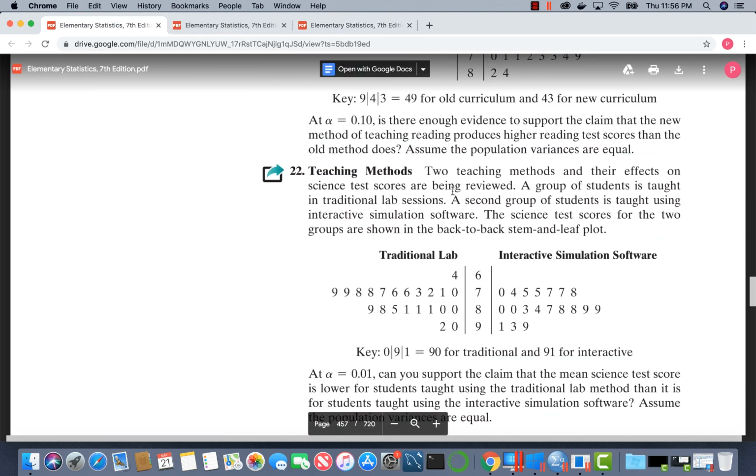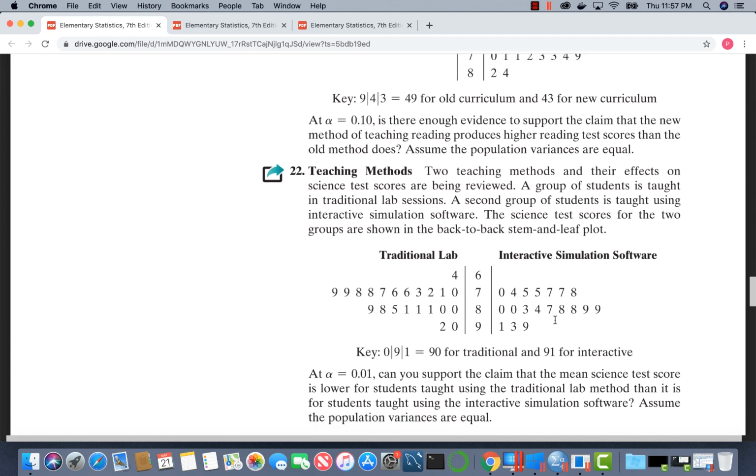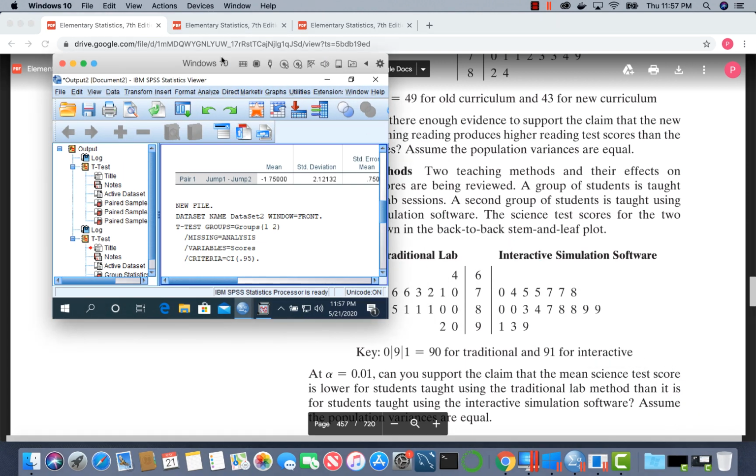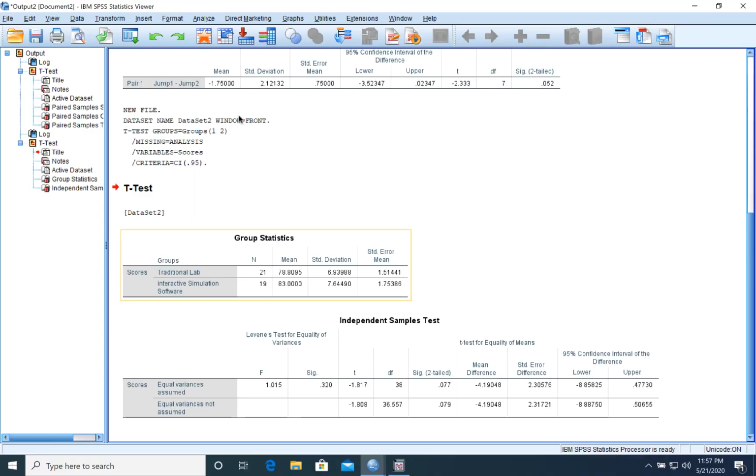So n1 plus n2 minus 2, well, we have to count how many pieces of data we have. However, the SPSS output did that for us. Let's just take a look.